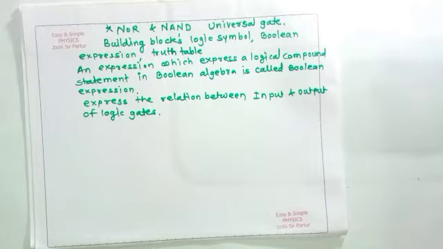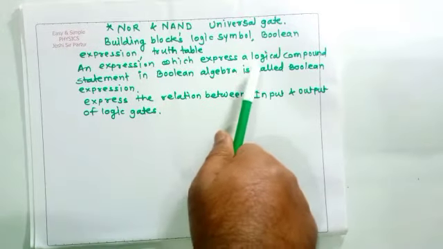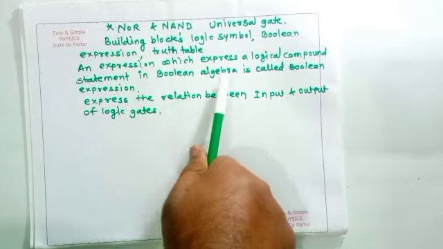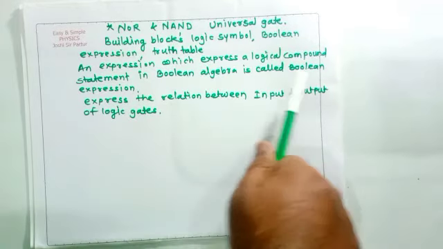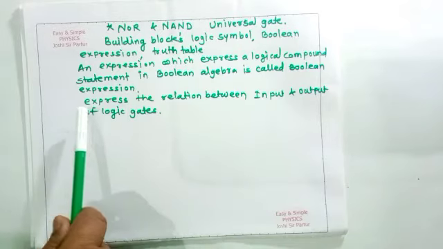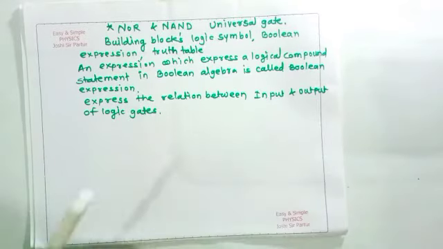Logic gates can be expressed in terms of logic symbols, Boolean expression and truth table. This Boolean expression can express the relation between input and output of logic gates.